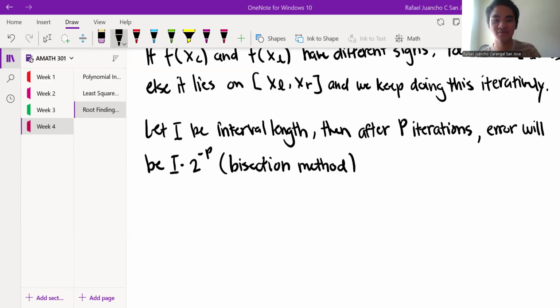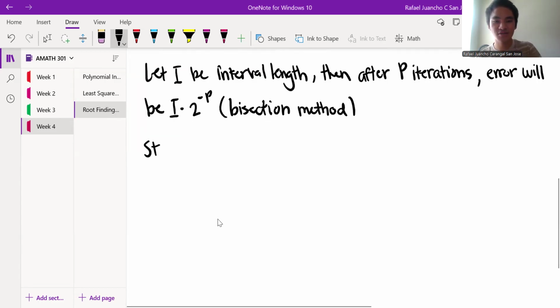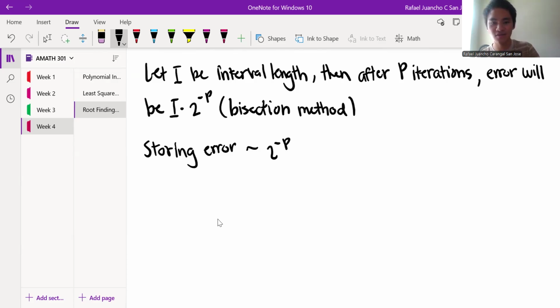It's still quite far from it. So that's where the error is, that 2 to the power of negative p. That's the error because it hasn't gotten the exact value. So when we store that error of 2 to the negative p, it's pretty low, right? It's pretty low. And maybe there might be a better method. And of course there is.